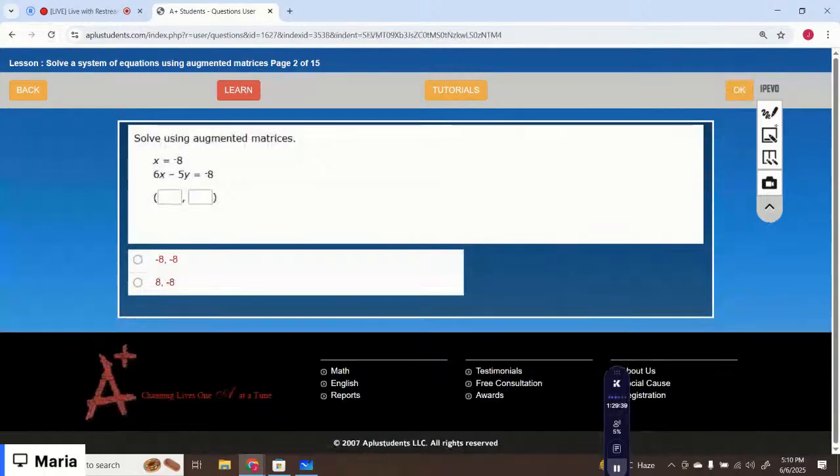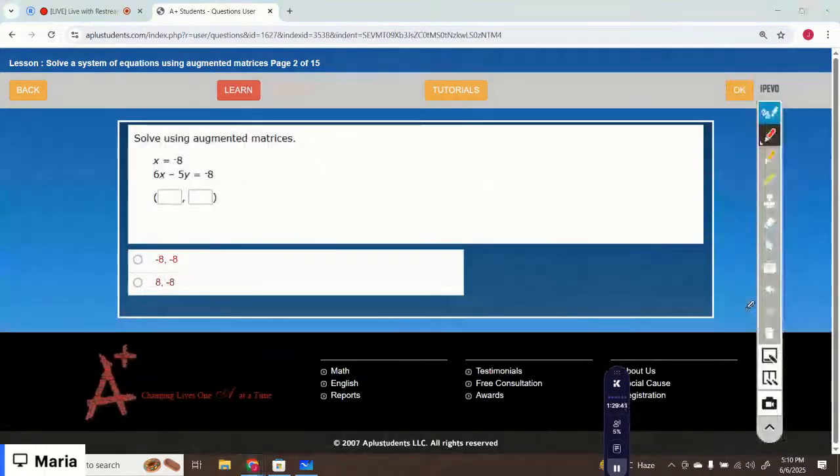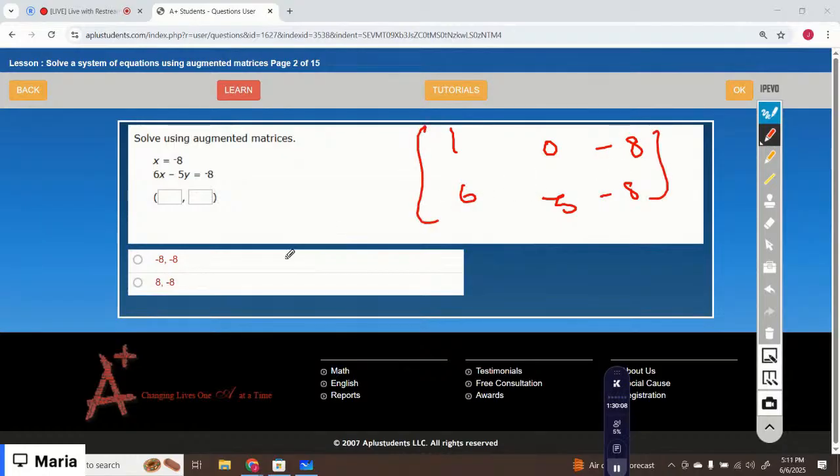Okay, solve using augmented matrix. So x is -8, y is 0. That is 1, 0, and -8. And 6, -5, and -8. So we need to make 0 here.